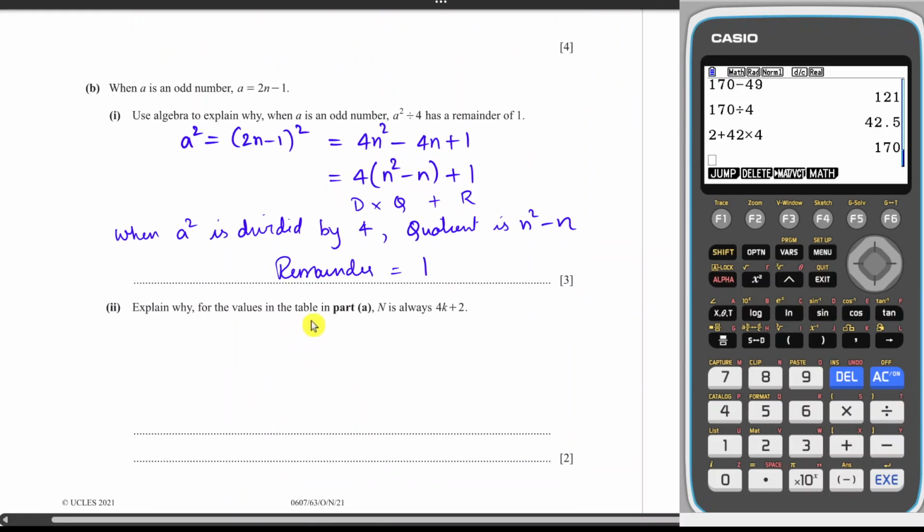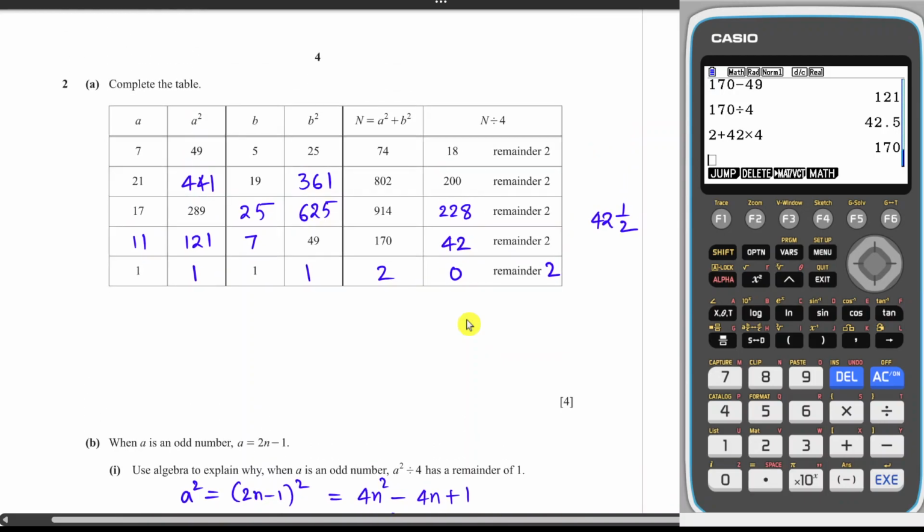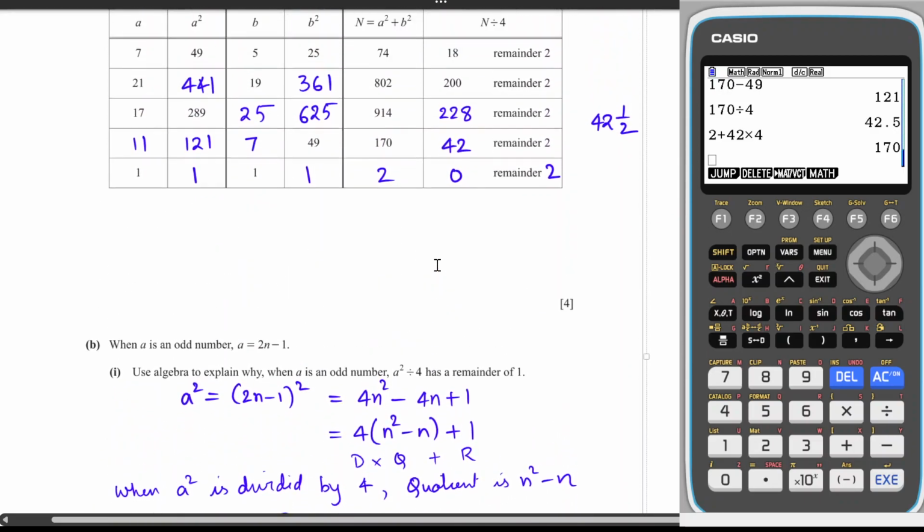Why, for the values in the table in part A, is n always 4k plus 2? Okay, so for the values in the table, we can see that a and b are odd numbers.